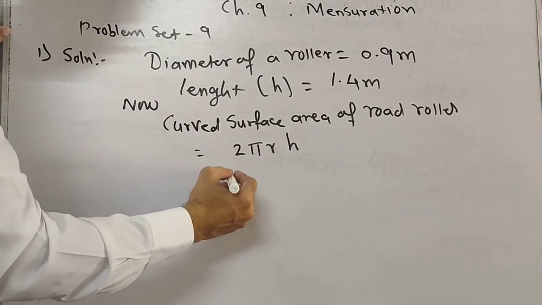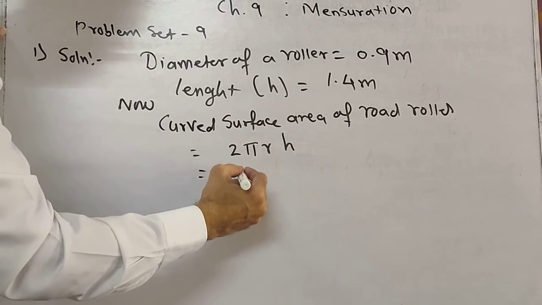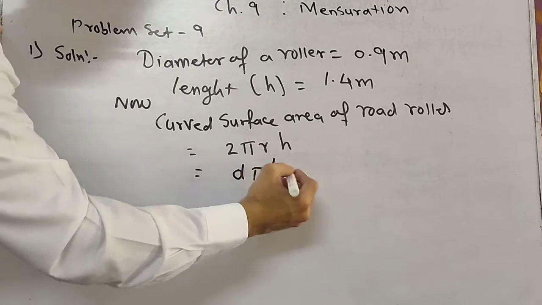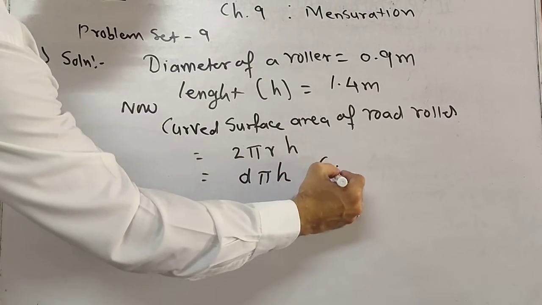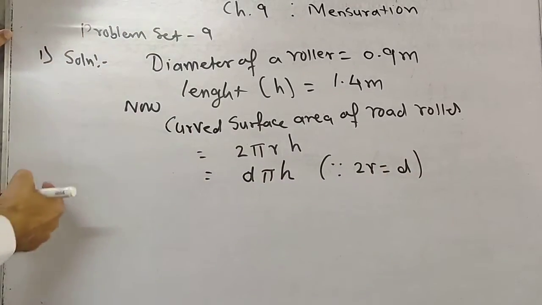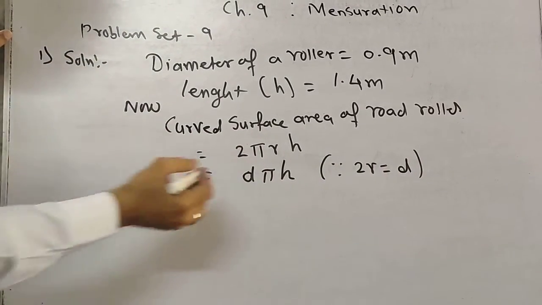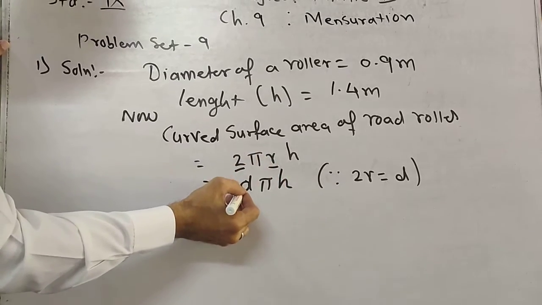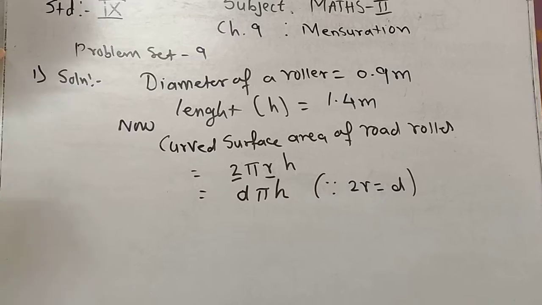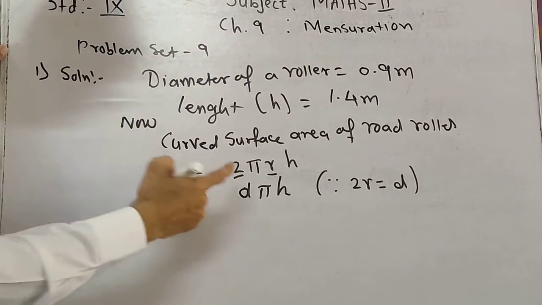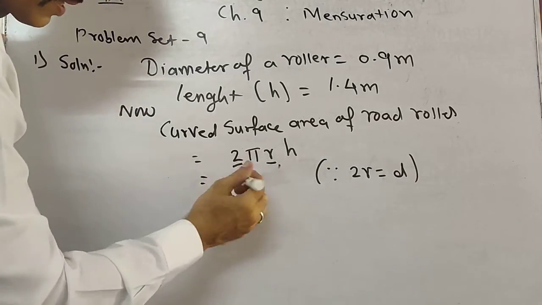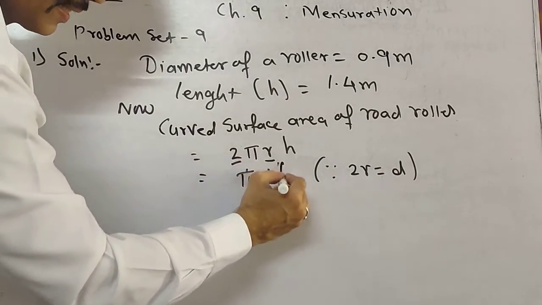So I am writing here d pi h, because 2r is equal to d, diameter. 2 and r means d. So I am writing here d pi h, or you can write pi dh. Instead of that you can write pi dh.